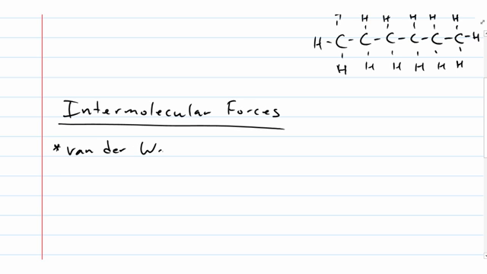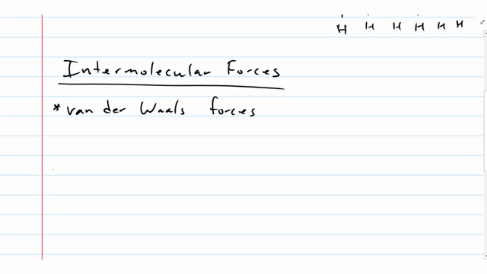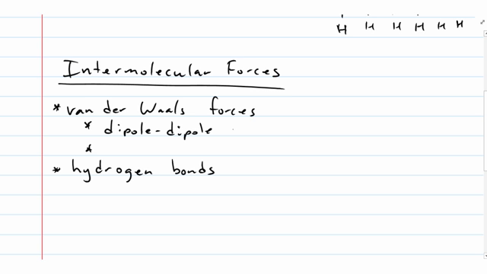They are van der Waals forces. And if we skip down a couple lines here, we also have hydrogen bonding, or hydrogen bonds. And van der Waals forces consist of two subtypes. They are what we call dipole-dipole forces and London forces.